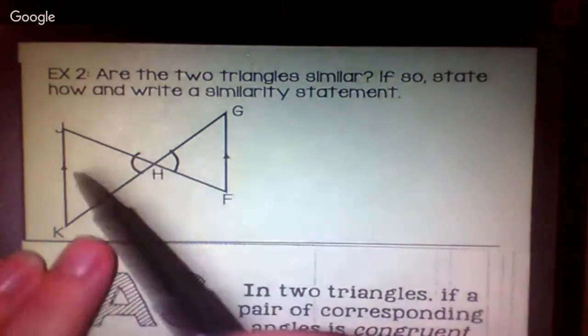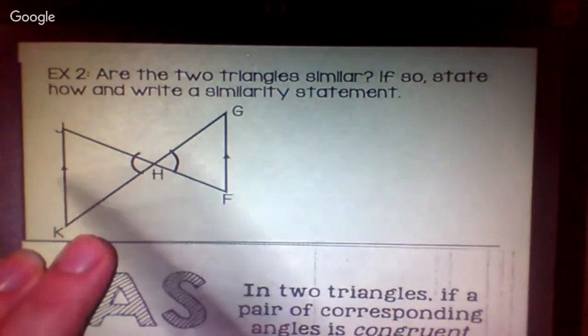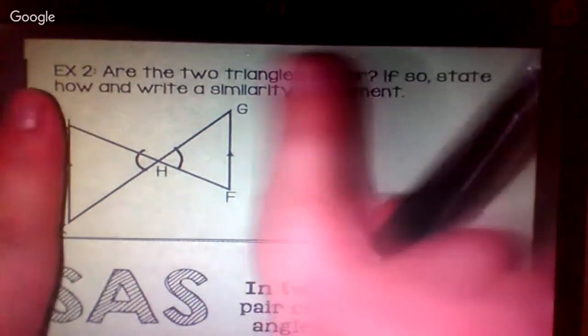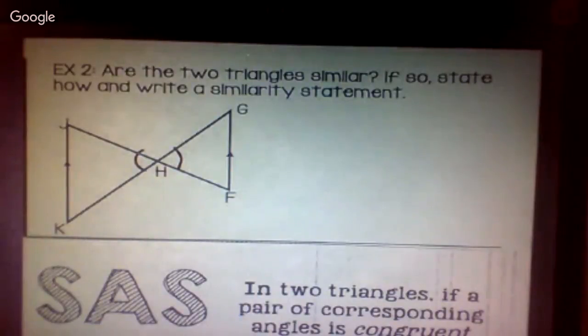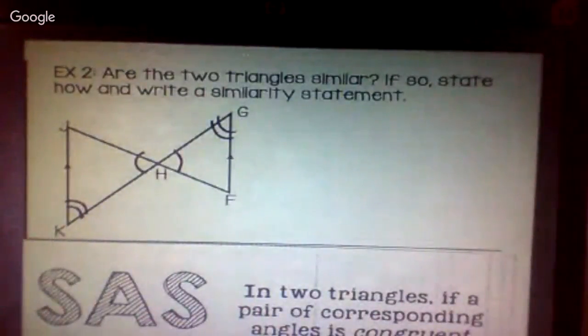Just so you know, these little triangles here, if you forgot, mean that this line and this line are parallel. So these two lines are parallel. So G and what? K. She's saying G and K are the same, and I agree. But tell me why. The opposite, which is alternate interior angles. Fantastic.